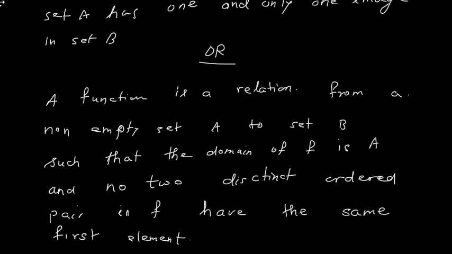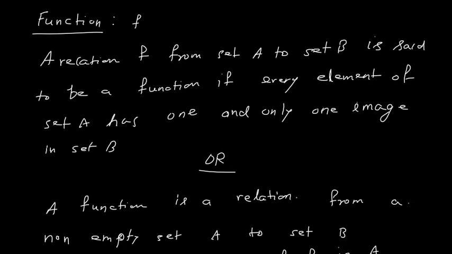Okay, so two definitions I have given. A relation f from set A to set B is said to be a function if every element of set A has one and only one image in set B. So every element of set A, this is very important, has one and only one image. This is also very important.